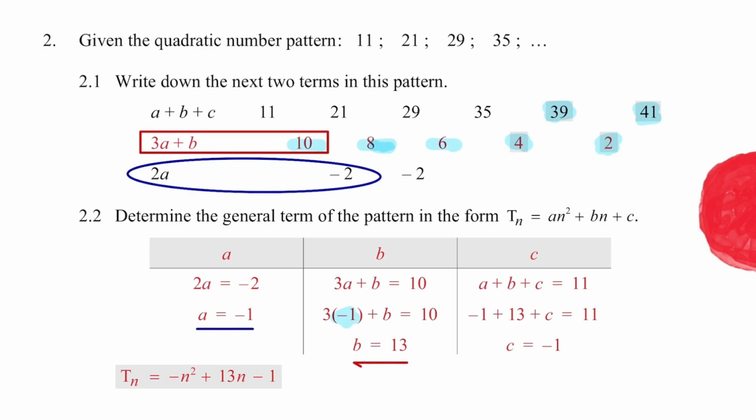Then we are going to go one more time back to the formula a plus b plus c equal to 11. We're going to use the values of a and b, which we've already found, minus 1 and 13. And this time we are going to work out that our c value is minus 1. So substituting those results into our formula produces an outcome of Tn equal to negative n squared plus 13n minus 1.